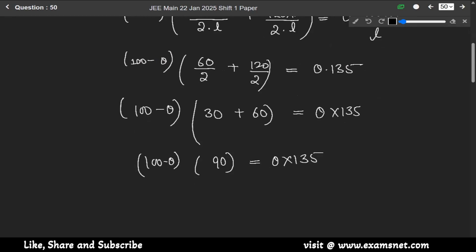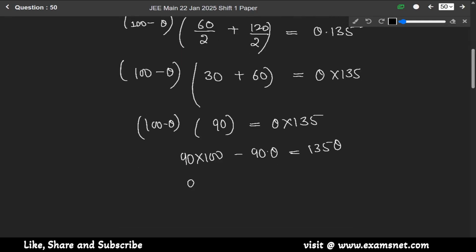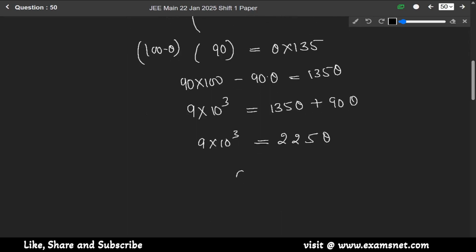So from here, 90 into 100 minus 90 theta equals 135 theta. So 9 into 10 to the power 3 equals 135 theta plus 90 theta. So 9 into 10 to the power 3 is equal to 225 theta. So from here, theta is equal to 9 into 10 to the power 3 over 225.